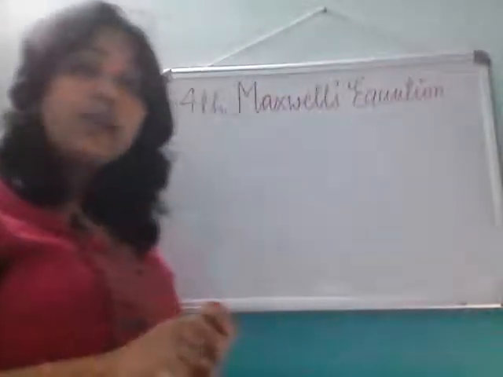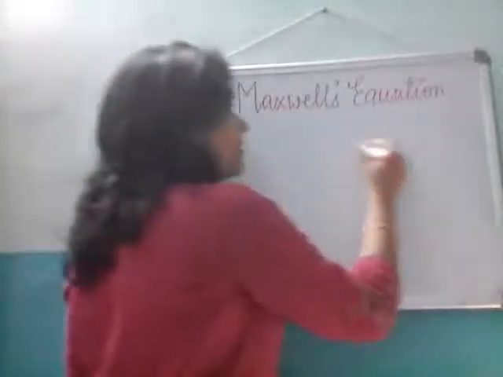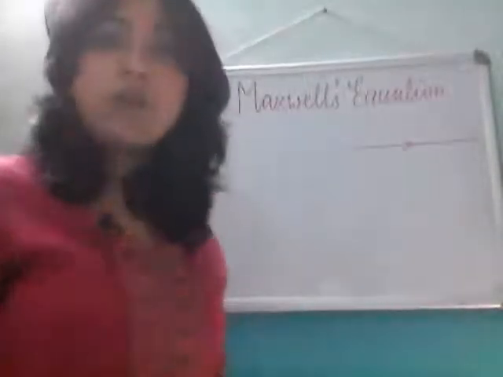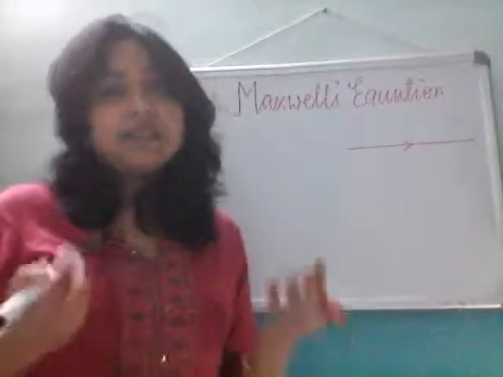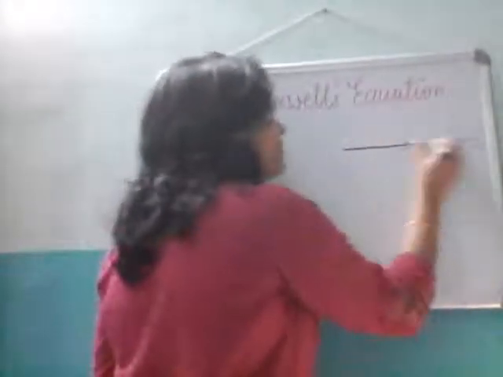Alright, so what do I essentially have? Suppose there is a current carrying conductor. Now when we generally talk about current, it is generally thought that current flows in a conductor only, right?